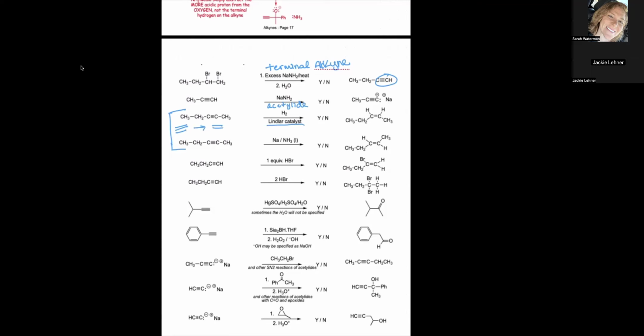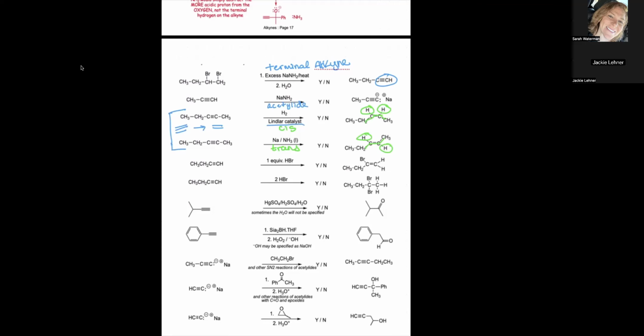The difference between these two, if you only want to drop one bond, is that Lindlar is going to create your cis, and NaNH3 is going to create your trans. We're talking about where the hydrogens are added, because that's what we're doing. This is why we call it cis and trans. In these reactions we're adding the hydrogen, so it's where you add the hydrogens that creates the cis or trans version. Does that make sense? Yeah.